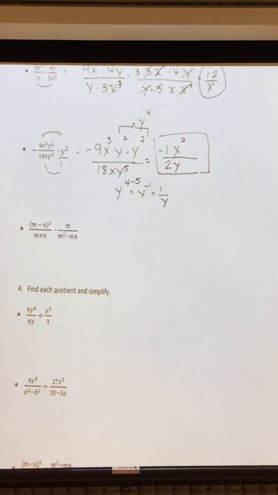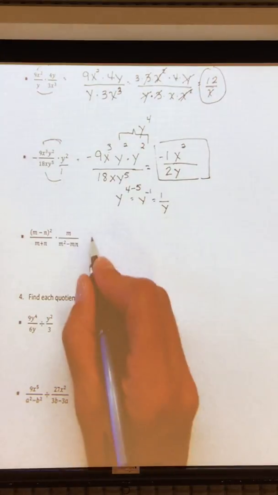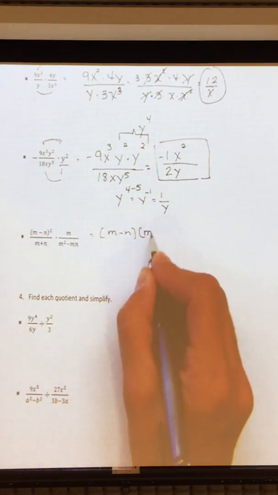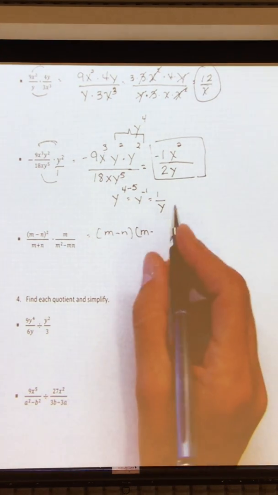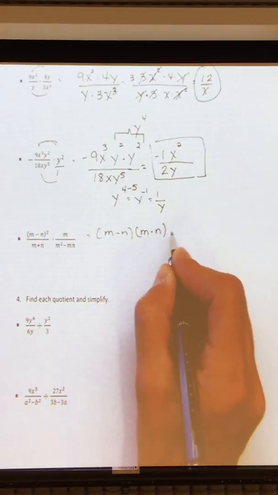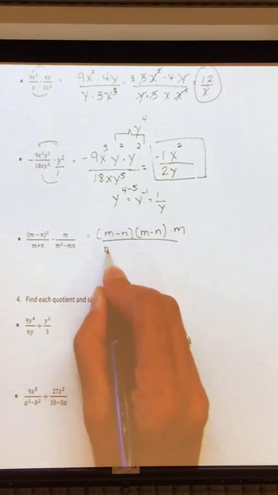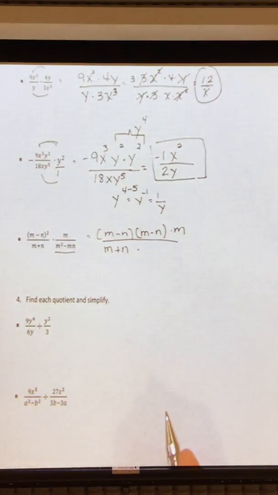The last part of number 3 is you have m minus n squared, which is equal to m minus n times m minus n, times m, over m plus n times, and here we can factor out the m.